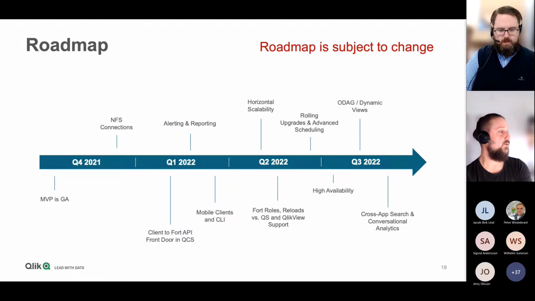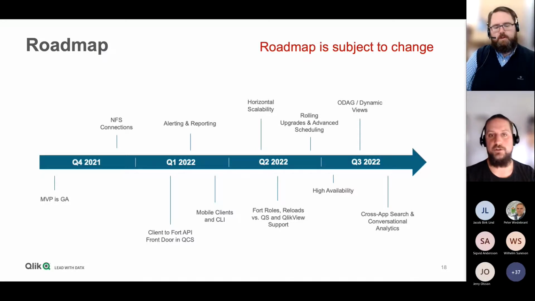It's a close follow before the end of the year. We're going to look at getting access to APIs on the forts, obviously alerting and reporting, mobile clients. Again, these things are subject to change, but these are things that R&D is looking at that will be implemented in Forts.